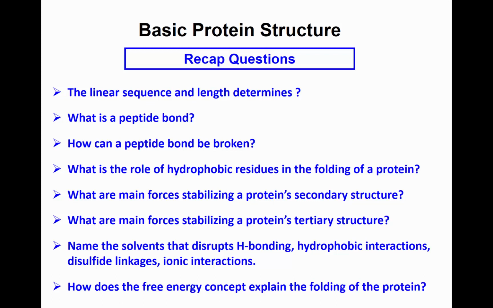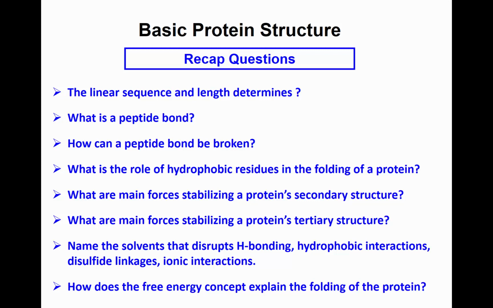How about the tertiary structure? What kind of molecular interactions, Emma? Disulfide linkages is one. Axel? Ionic interactions. Dipole. Walter? Van der Waals is the dipole, the same? Ionic.